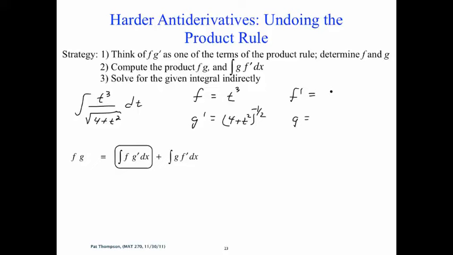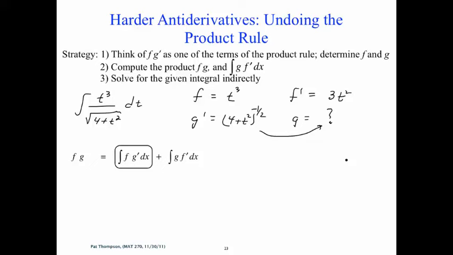Okay, derivative is easy, 3t squared. So now how about this antiderivative? 1 over radical 4 plus t squared. It's not because it's a square root and it's got a 4 there, not a 1. So okay, it's not arctangent. It doesn't work. It's too far removed from arctangent to get it to be arctangent.